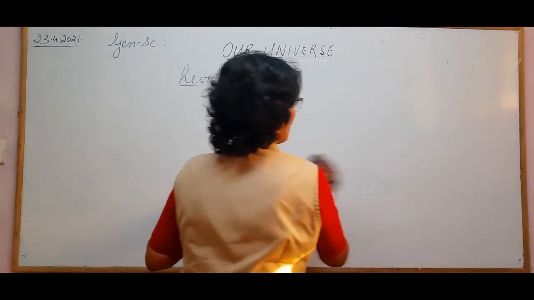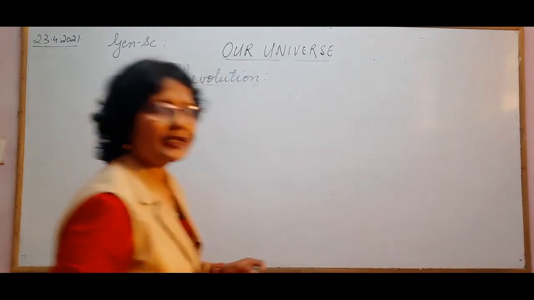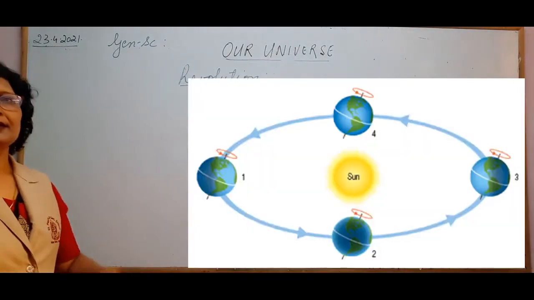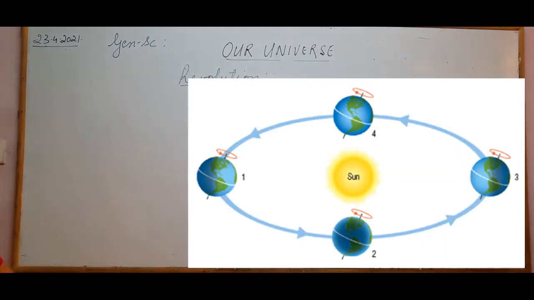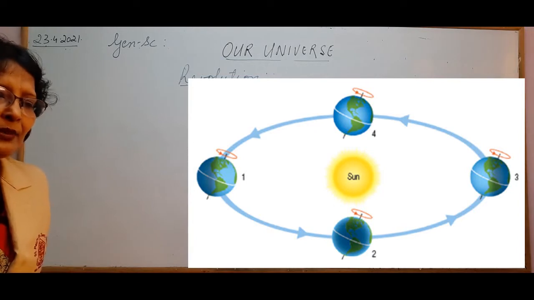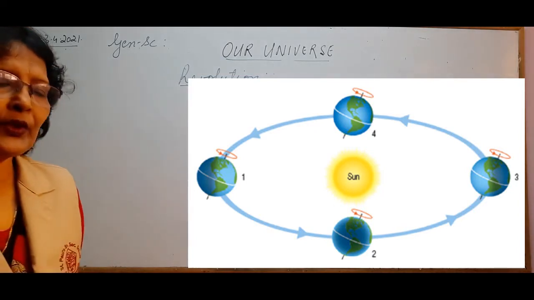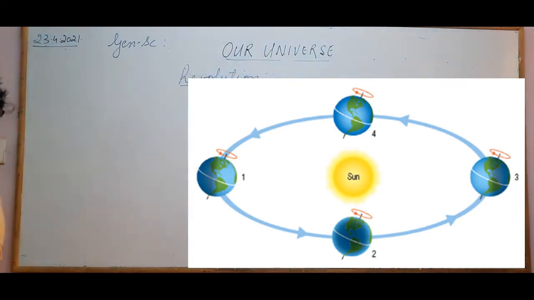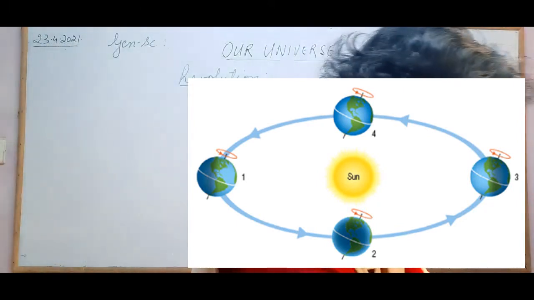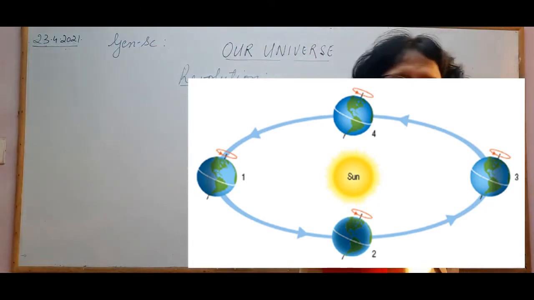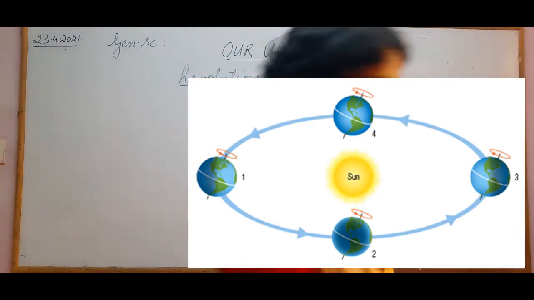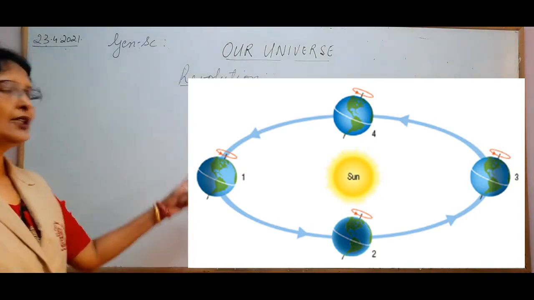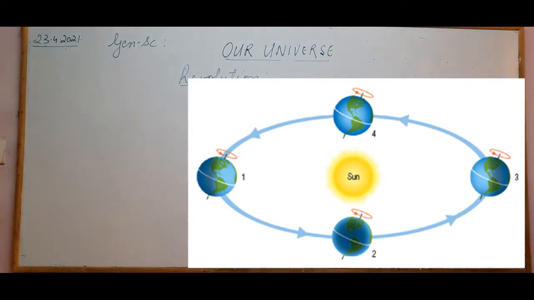Now see it diagrammatically, this is the diagram of revolution. You can see the earth going around, and you can see the different positions of the earth.